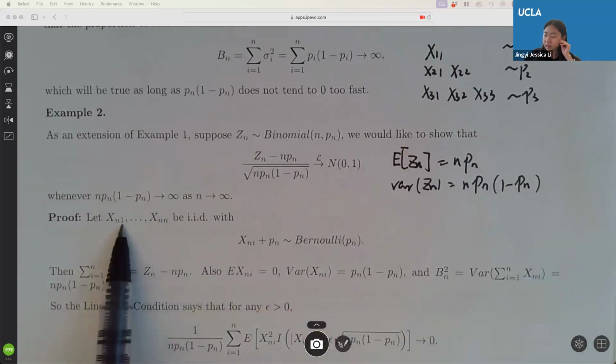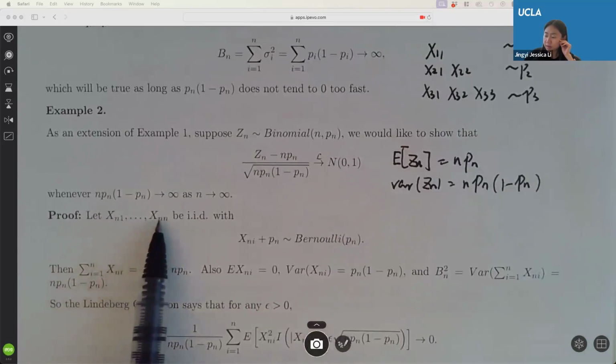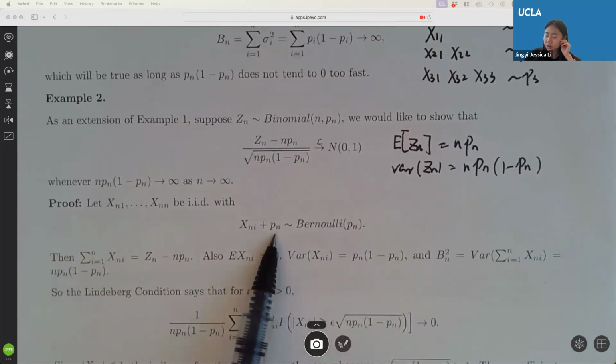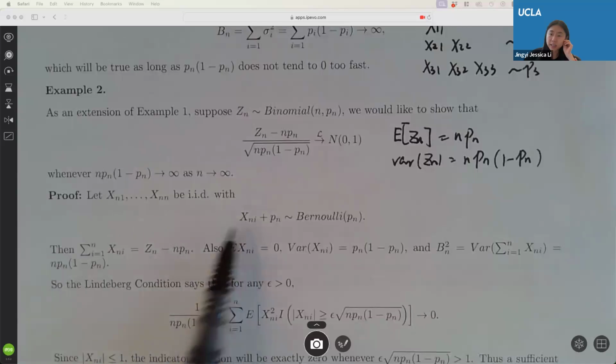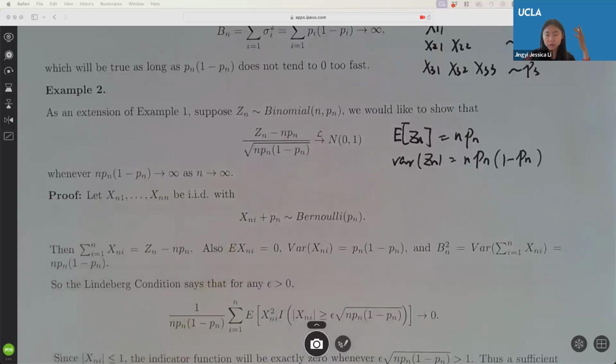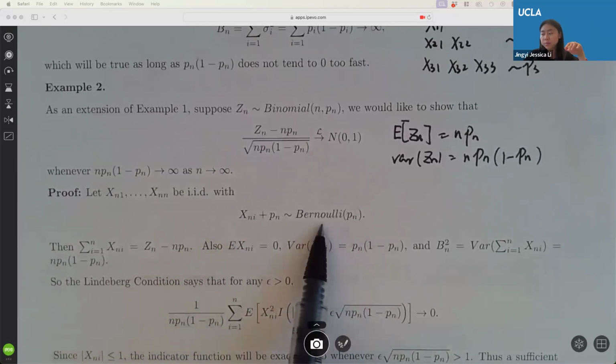Okay, so here, let's look at xn1 to xnn. Here we just introduce pn to make sure xni has mean 0, nothing else. We just want to create a mean 0 scenario for Lindeberg-Feller. So therefore, xni is equal to the Bernoulli minus pn.